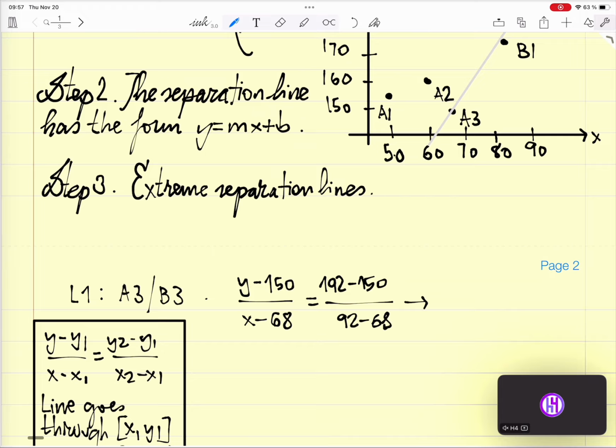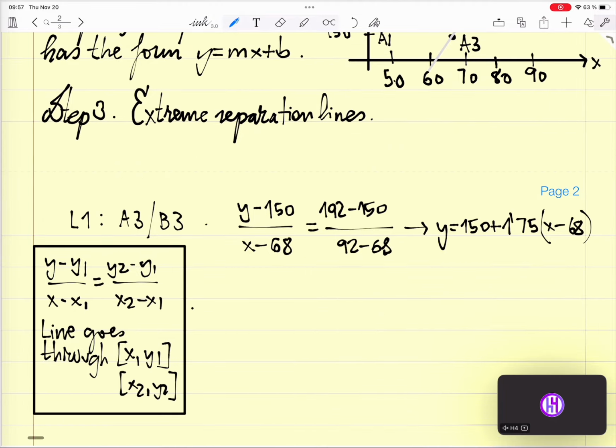So this delivers an equation y equals 150 plus 1.75 times (x minus 68).